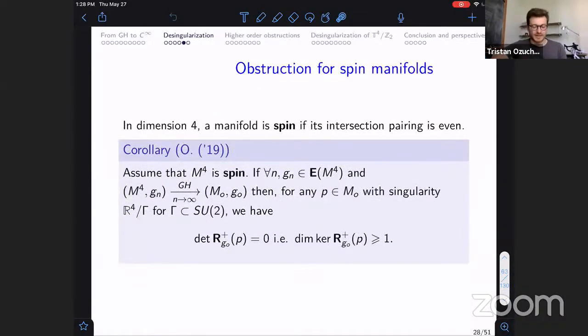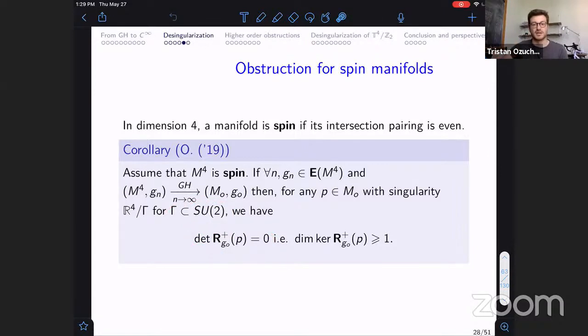Okay, so as I said, the obstructions only rely on topological assumptions, and one of them is that the manifold is spin. So if you have a 4-manifold which is spin, and a sequence of Einstein metrics on it, then the limit will also be spin in the orbifold sense. And at every singularity with a group in SU(2), you will have the obstruction I mentioned before.